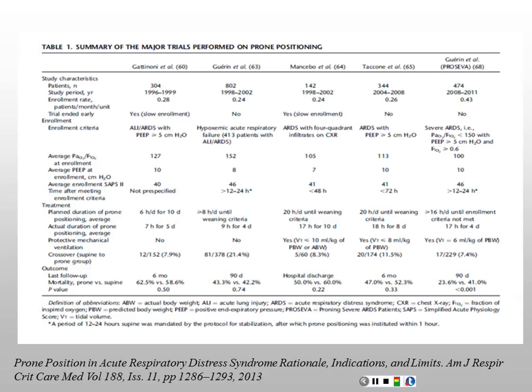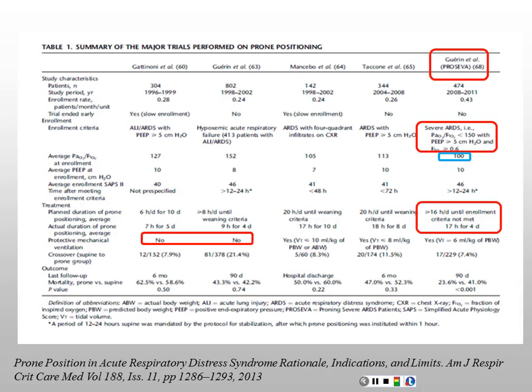You don't have to remember this table, but why did only one trial, which is the latest trial of prone positioning, show benefit, while multiple trials did not show benefits? First, these cases were very severe. If you look at the PO2 FiO2 ratio here, this is the group with the lowest, so that's why the severe ARDS will get the benefit.